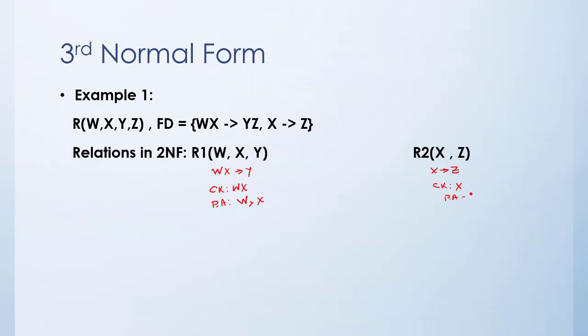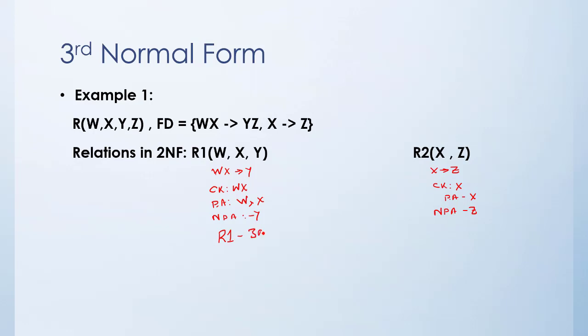So the non-prime attribute in R1 is y and in R2 is z. The functional dependency says that wx determines y, so the non-prime attribute y is non-transitively dependent on the candidate key wx. So we can say that R1 is in 3NF.